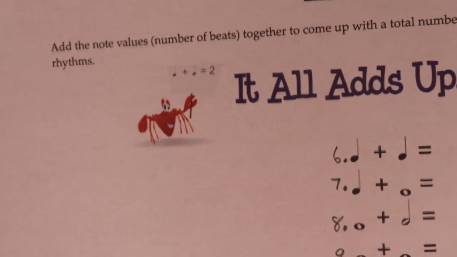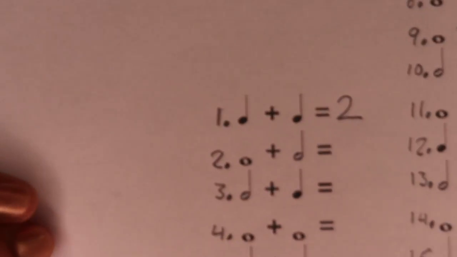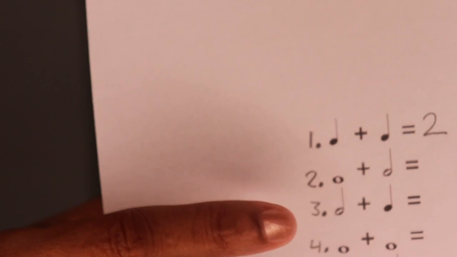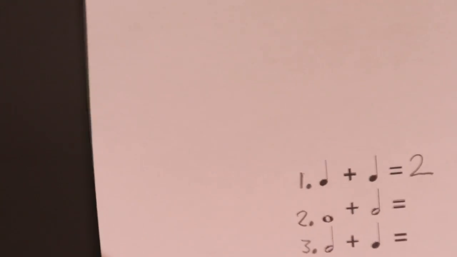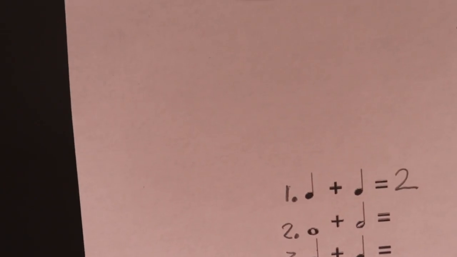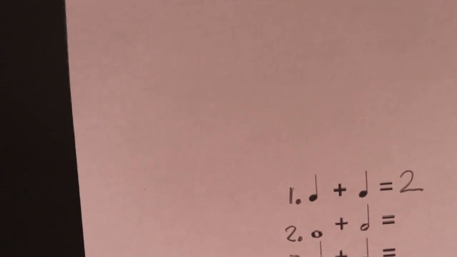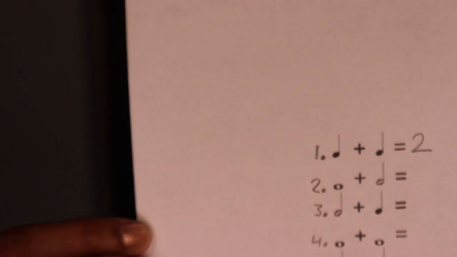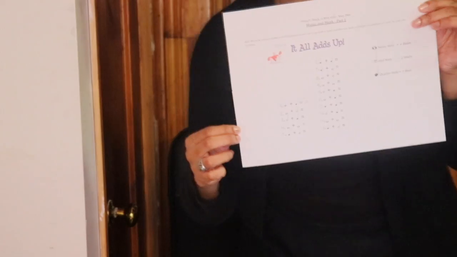So I know that our quarter note gets 1 beat. And then there's a second quarter note there. So I know that 1 plus 1 equals 2. Once again, just like we did last week, if you need to do this extra step, there's nothing wrong with it.